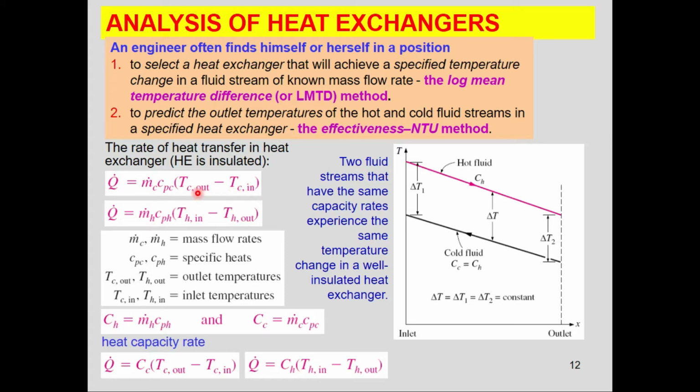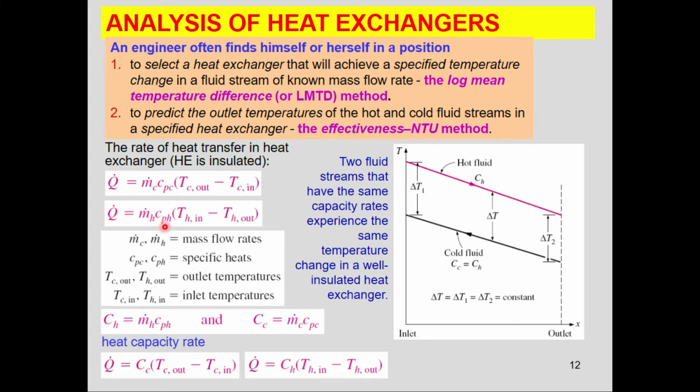For the cold fluid, the outlet temperature is higher compared to the inlet temperature, so that's why we have this expression. Similarly, for the hot fluid, Q dot is the rate of heat transfer, and m dot h is the mass flow rate for the hot fluid.